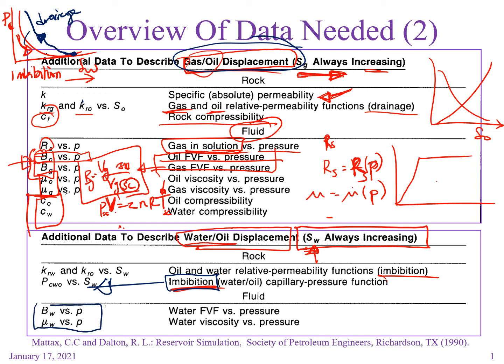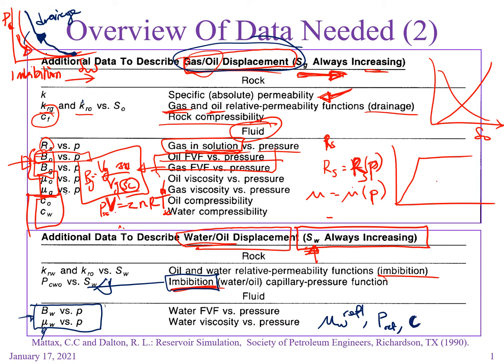I already discussed this within the context of oil and gas, same deal. Formation volume factor for water and viscosity for water. The equations are provided in the simulator. You just need to provide the inputs. So mu W at reference conditions, the reference pressure, and what else?